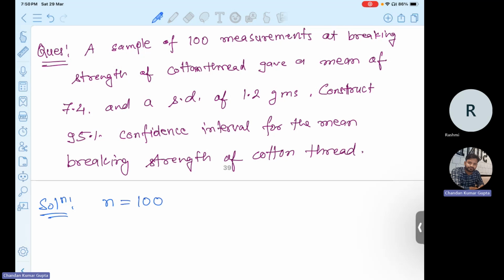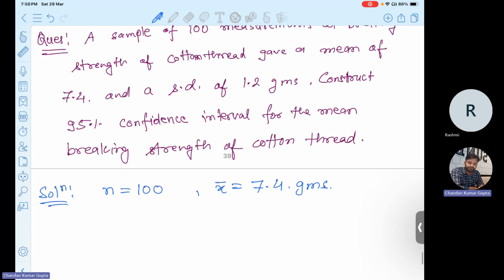We are also given x bar equal to 7.4 grams. We are not given sigma, we are given s. Sigma is unknown, but s is 1.2, which is known.